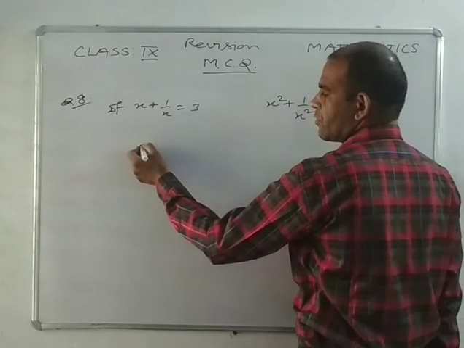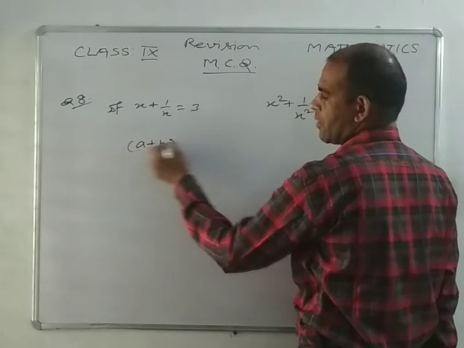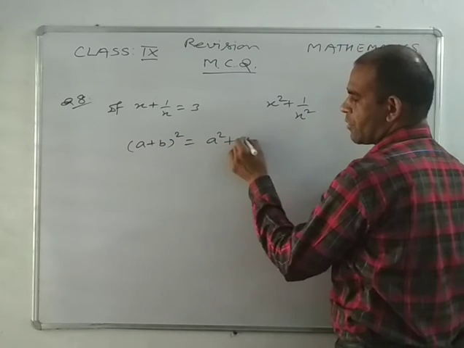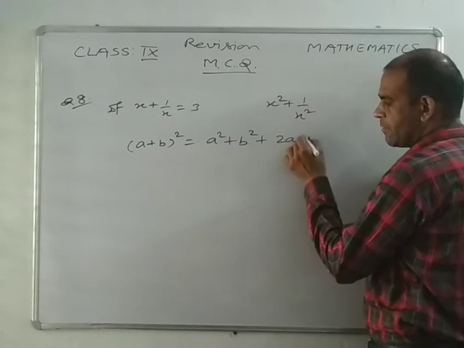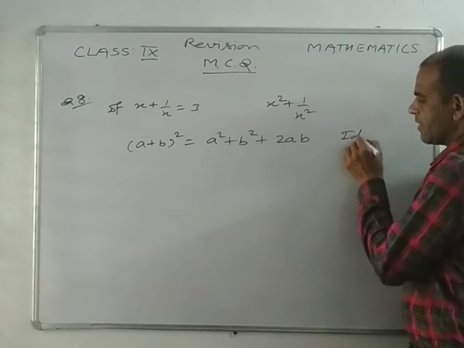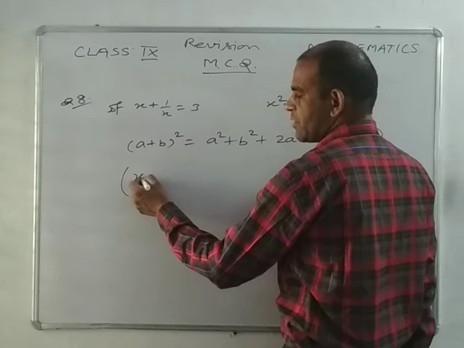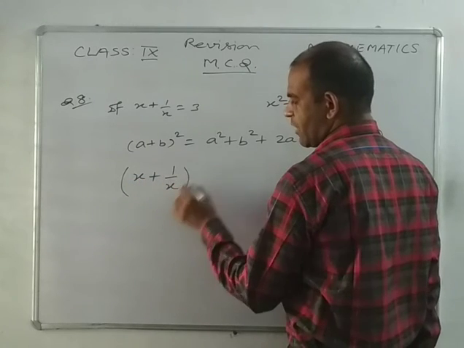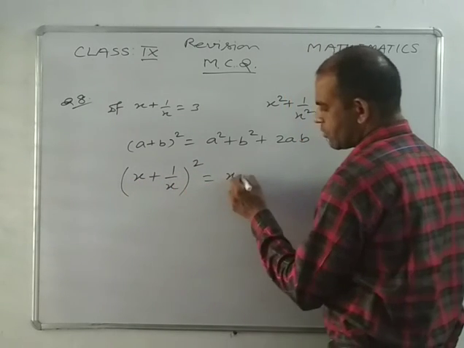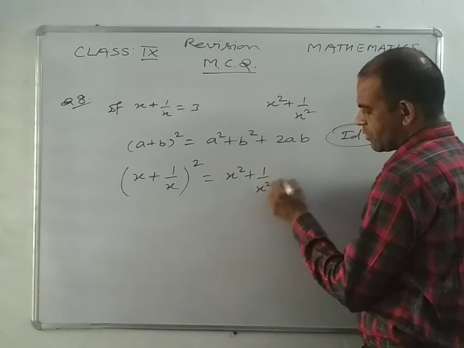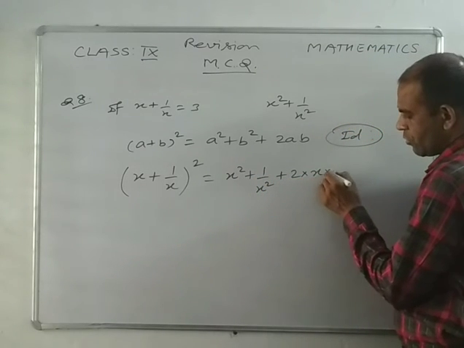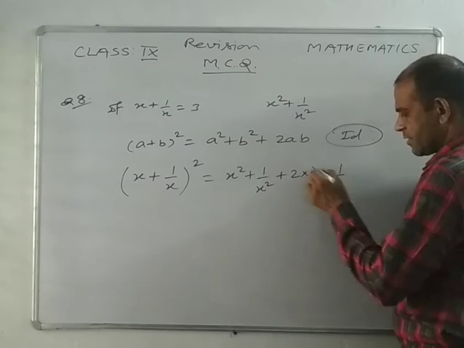So we are using the a plus b whole square, a square plus b square plus 2ab. We have to use this identity. In place of b, 1 upon x square. So x square plus 1 upon x square plus 2 into x into 1 upon x. x and x cancel.